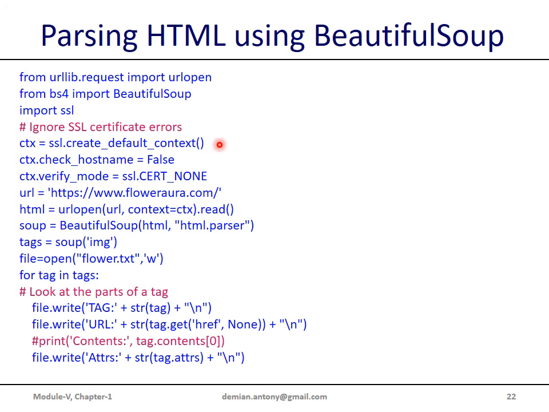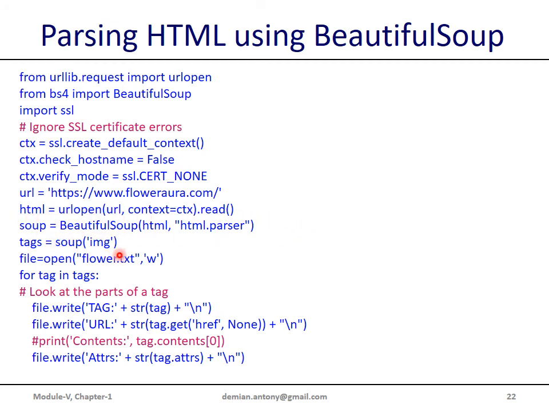This is the security context, and the URL is, let us say, the online flower store URL, and you read the front page of the flower store by using the method urlopen with the context and read, then parse the HTML page using the HTML parser with the help of BeautifulSoup.